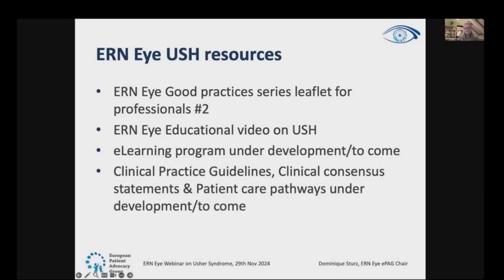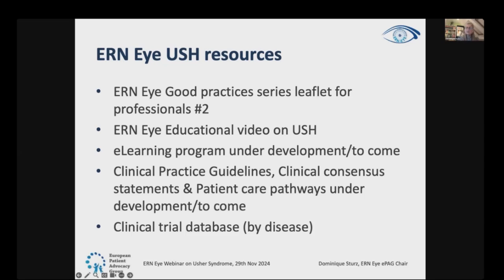And certainly one for Usher syndrome is in the plan for the future. And last but not least, there is the clinical trial database by disease, where everybody can see what trials, also natural history studies or interventional trials, are being led at the level of ERN-EYE members.